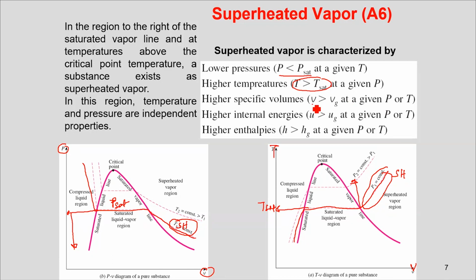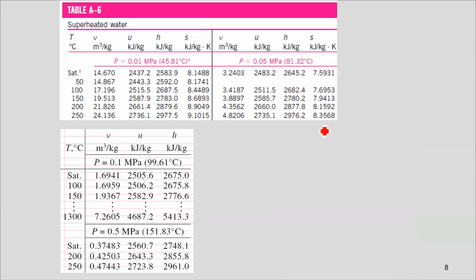Similarly, if your properties such as specific volume, internal energy, and enthalpy are greater than Vg, Ug, and Hg for a specific pressure or temperature, you are essentially in the superheated region. These five characteristics help you identify the region of your system.